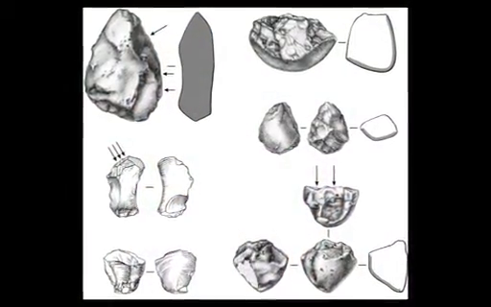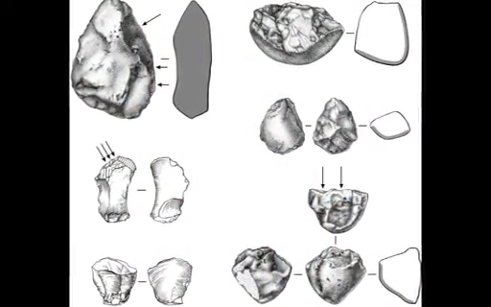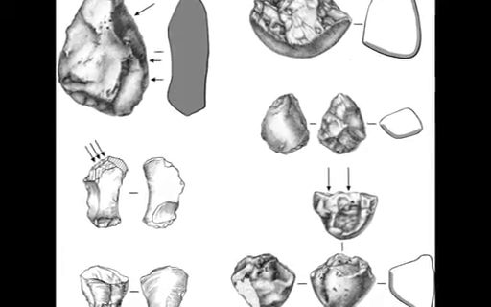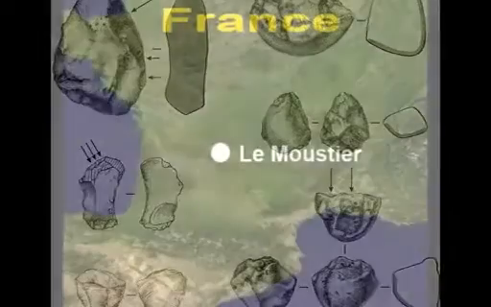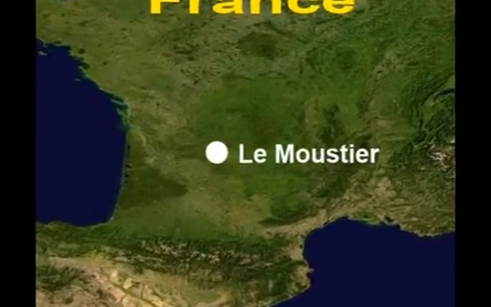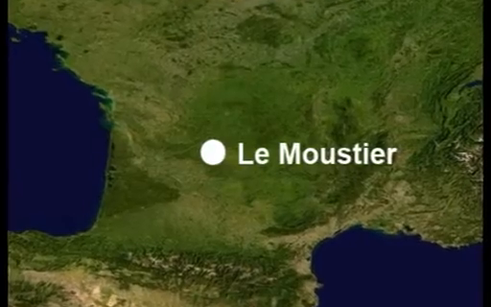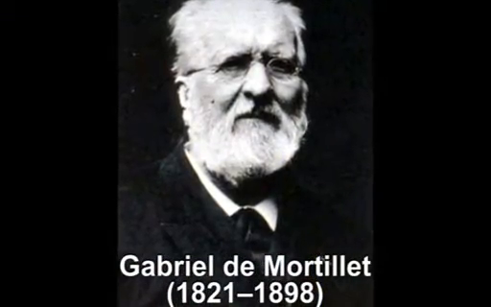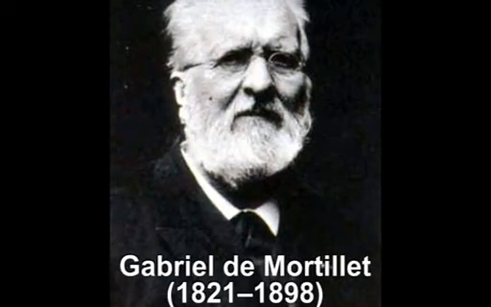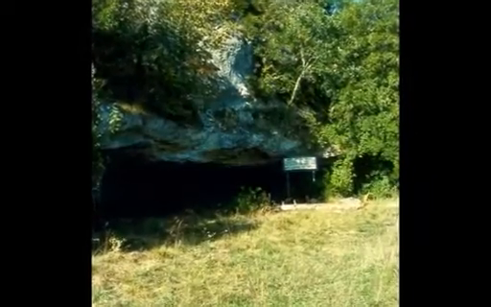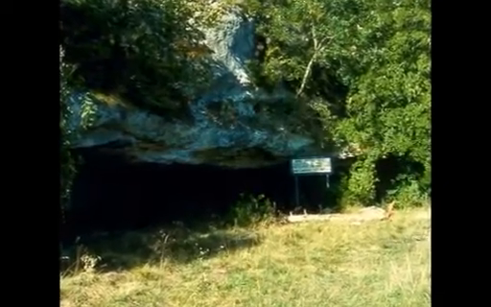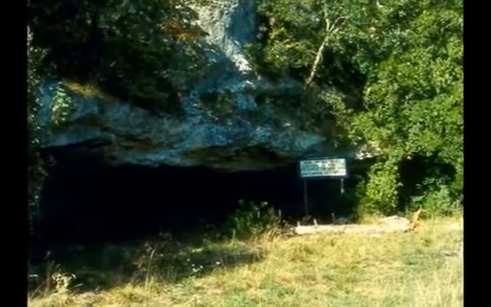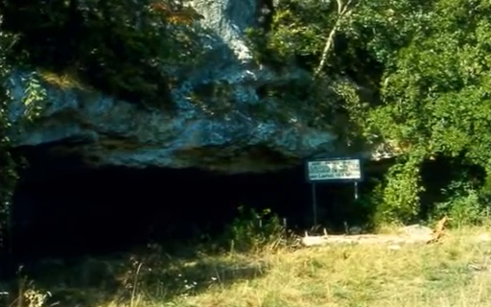Now, let us discuss the Mousterian tradition. Mousterian is a lithic tool tradition which evolved from the Acheulian tradition during the Middle Paleolithic. This tradition is named after the type site of Le Moustier in Dordogne, France by Gabriel de Mortillet in the 19th century. Le Moustier is a rock shelter where a partial skeleton of a Neanderthal youth was excavated in 1909.